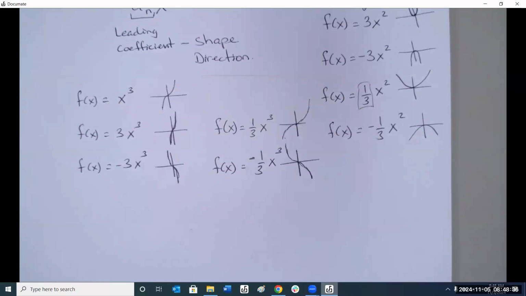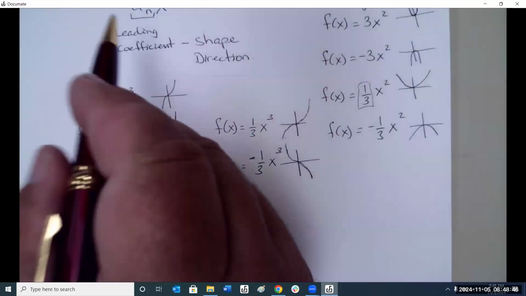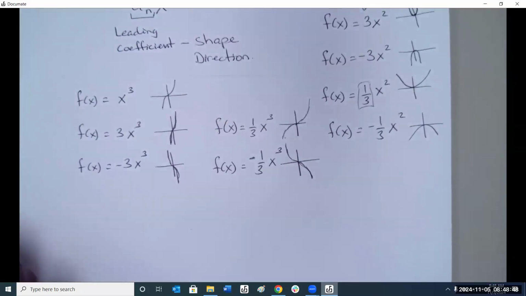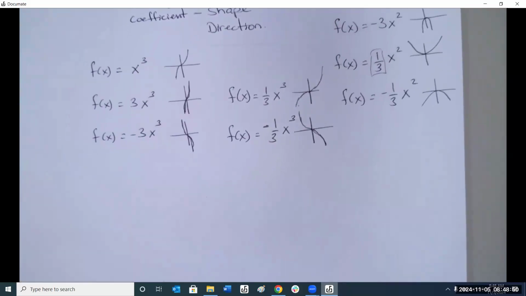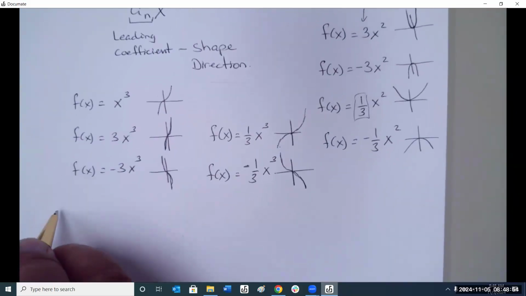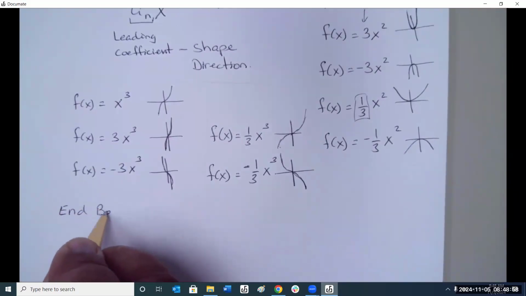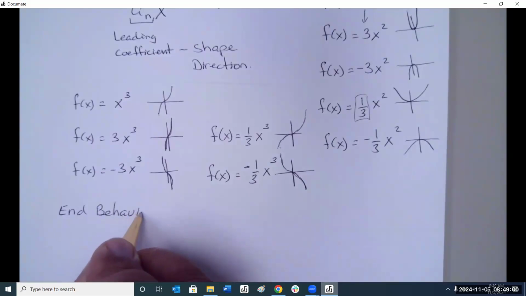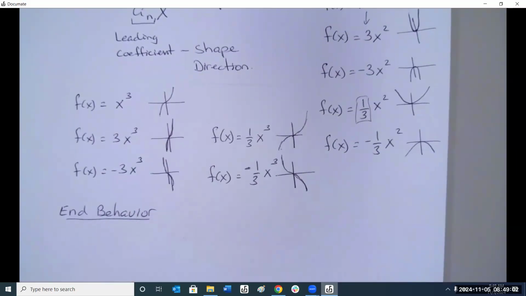So far, so good. I did these two different types of graphs to show you a special comparison. The importance of the leading term is something we call end behavior.